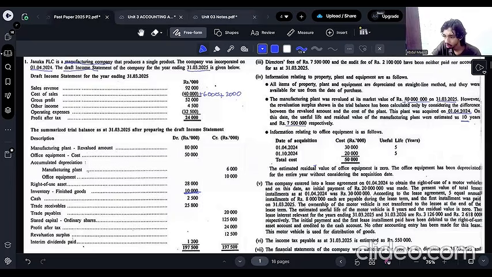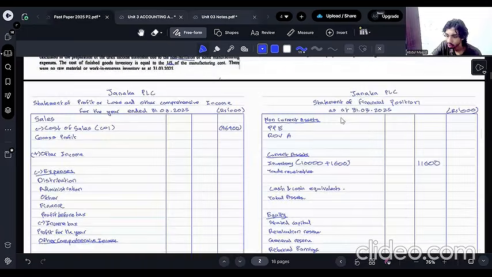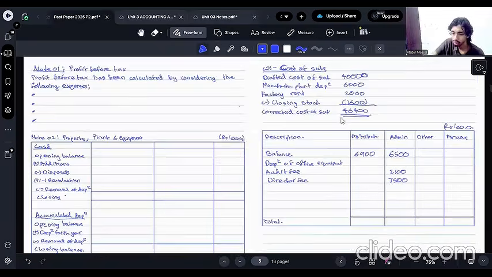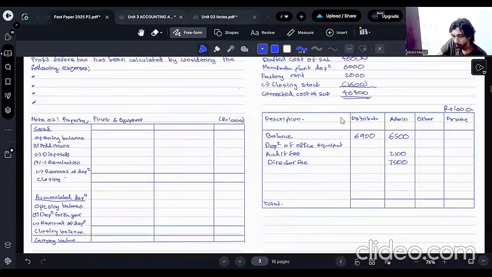Okay. So now, on 1st of April 2024, information relating to the manufacturing plant. Manufacturing plant was revalued at a market price of 80 million. Okay. So that you can record as the closing balance. Manufacturing plant, closing balance 80 million, since on the closing date they revalued it for 80 million.